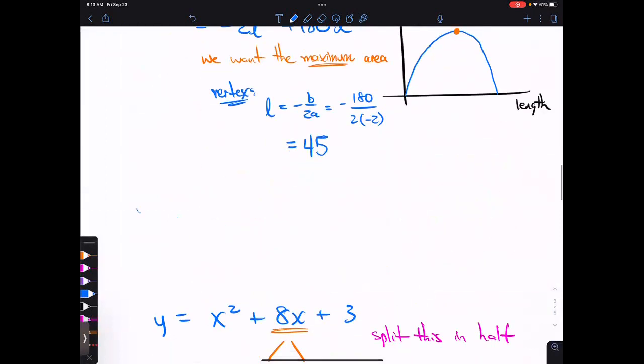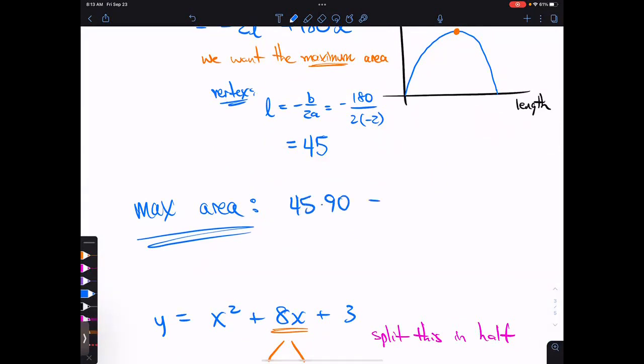The area then, finally going to actually answer the question, would be whatever 45 times 90 is. 4,050. This would be square feet. Excuse me.